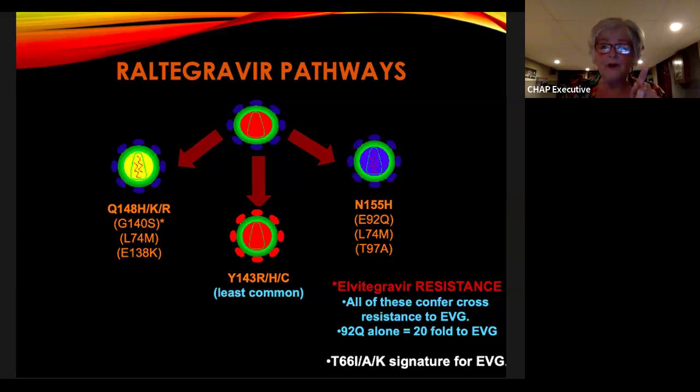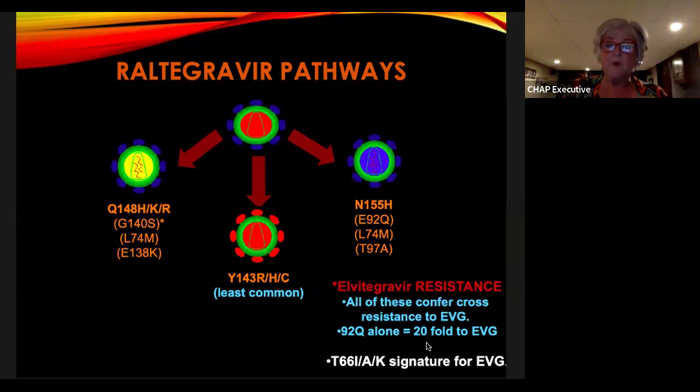But we do know that the 148 pathway, or the 140S, the L74, the E138K, are having an impact on the second generation integrase inhibitors, namely dolutegravir mostly, certainly cabotegravir, and possibly bictegravir, the more we accumulate.